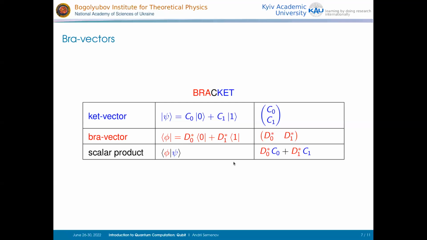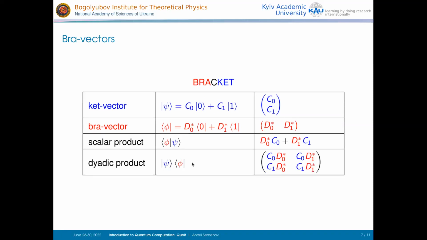But this is not the only product that is possible here, because there is another kind of product, which is called the dyadic product, which is written like this. You simply multiply these vectors in another order: first this column vector, then this row vector, and you get a matrix or operator, which looks like this.